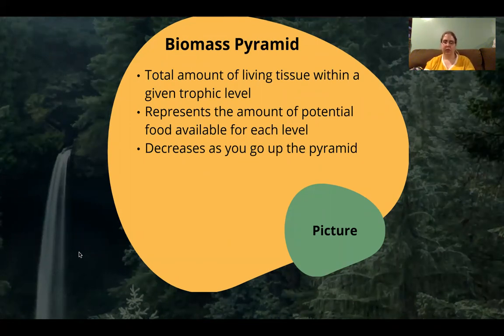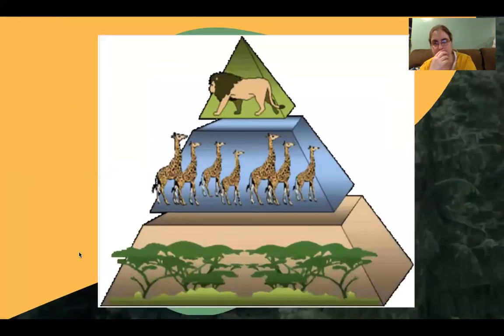So in other words, we're looking at the amount of actual biological tissue. Now, because we're looking at the tissue of the different organisms, that does mean that it represents the amount of potential food for the next trophic level. And what we've noticed is that it decreases as you go up, which kind of makes sense, and I'll explain why when we look at the picture.